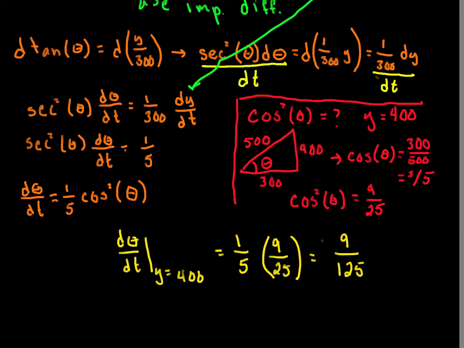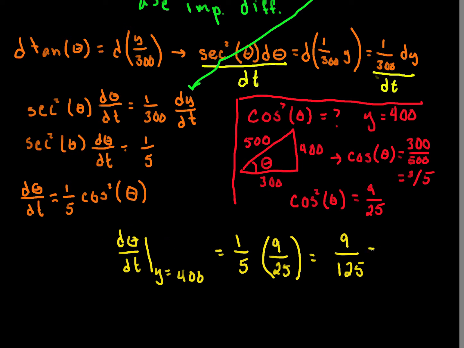And the question here is, what are our units? Notice that d theta dt has no dy dt's or anything. If we worked it out very closely, we would see that everything cancels. But we know that dt is a rate of time, so that's going to be seconds, and theta will be measured in radians.